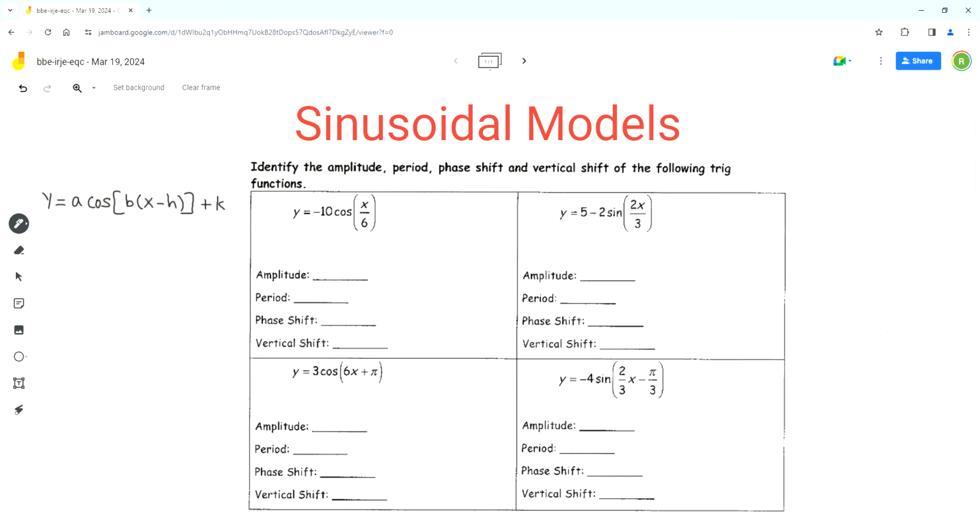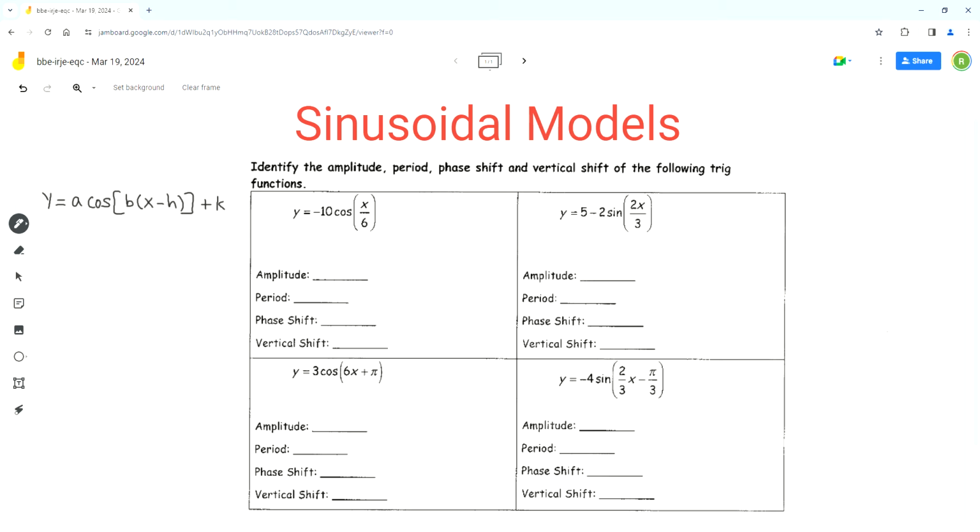So in this general equation, a, b, h and k are constants that transform the parent cosine function. Now different teachers use different letters for these four constants, but the steps stay the same no matter what letter you use.